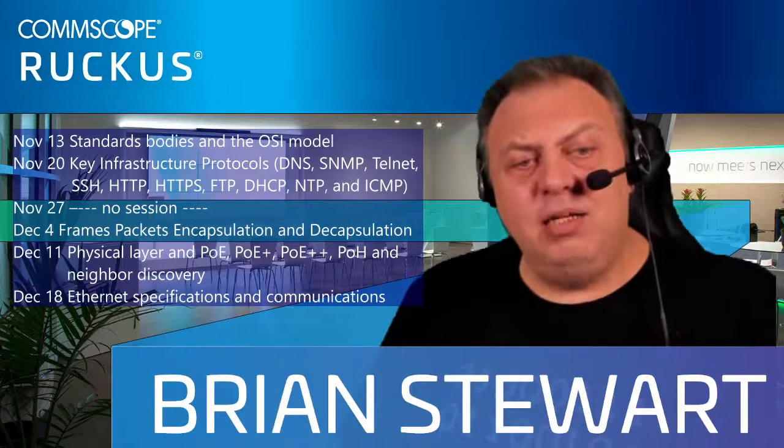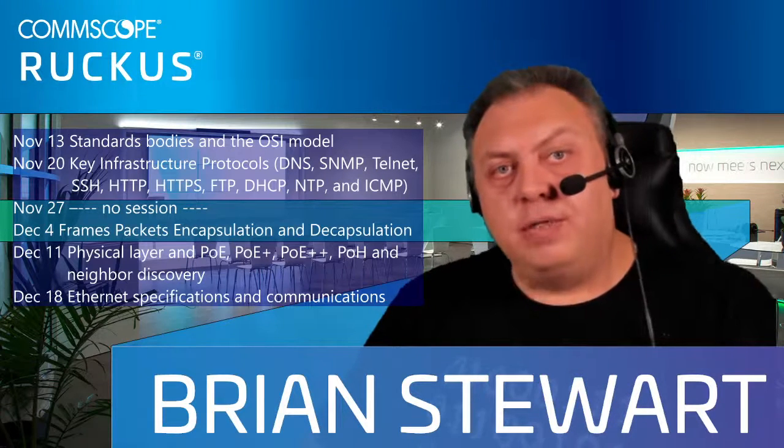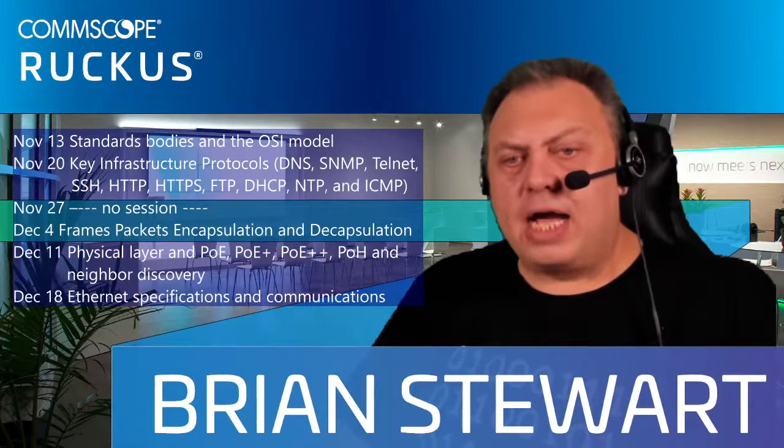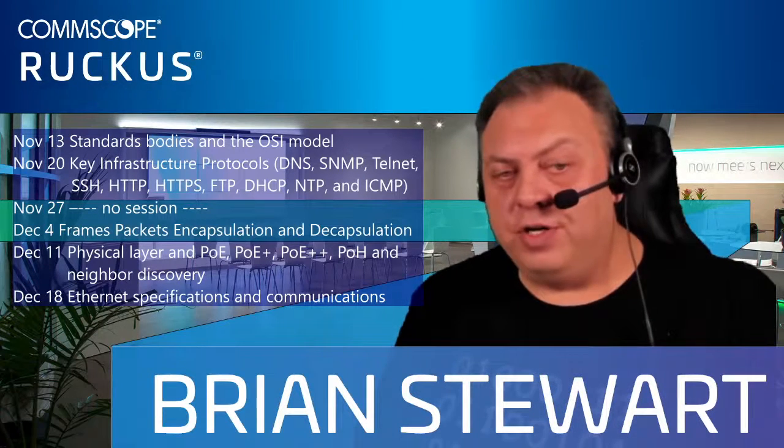Next week, we're going to be talking about key infrastructure protocols. So what are other protocols that are necessary for your network to be functional? We're not going to talk about the protocols from the perspective of it's running on your switch or running on your router, but it has to be running somewhere inside your infrastructure on another server to have a healthy network.